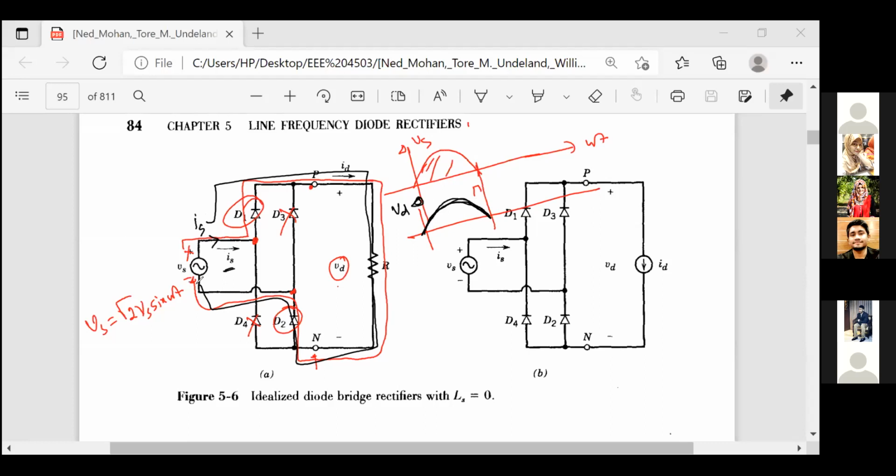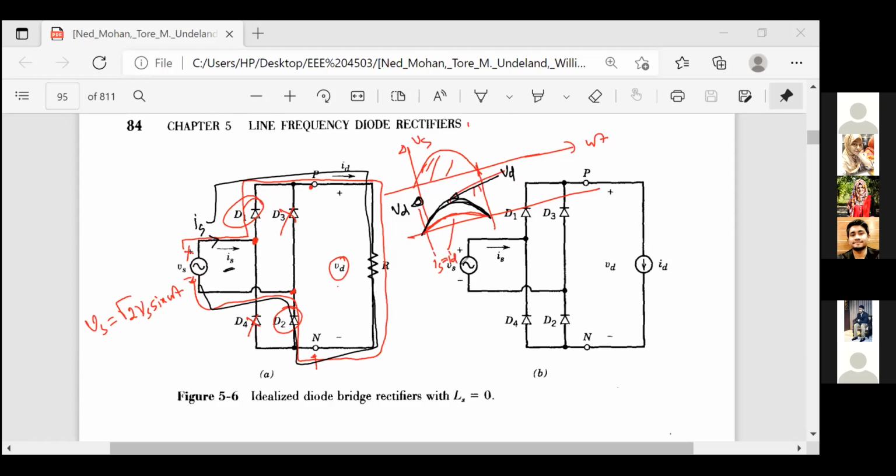Okay, so if I plot the source current in a different color, maybe here, the source current will be like this. So this is the VD, and this is the source current IS, and that is also equal to ID.